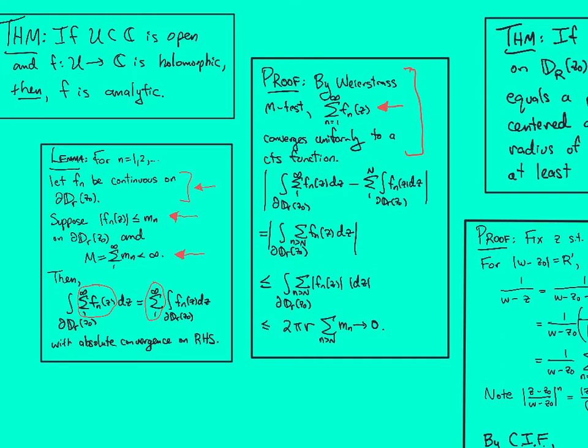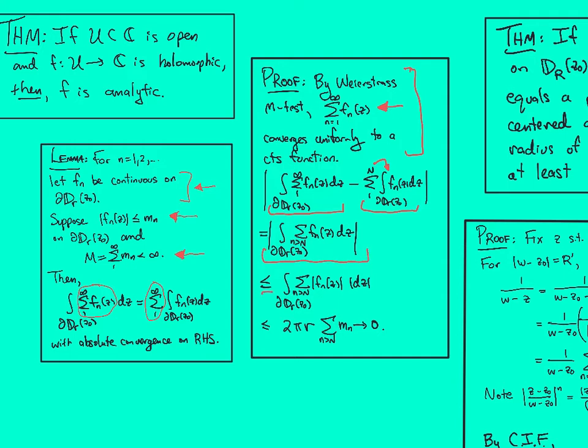And now we can compare the integral of the infinite sum to the integral of a partial sum, but we know we can pull a finite sum outside of an integral, so that's no issue, or I can bring the sum back in. And then when I subtract the two, I get a tail of a sum inside the integral.